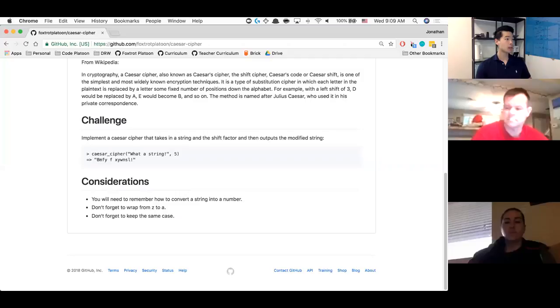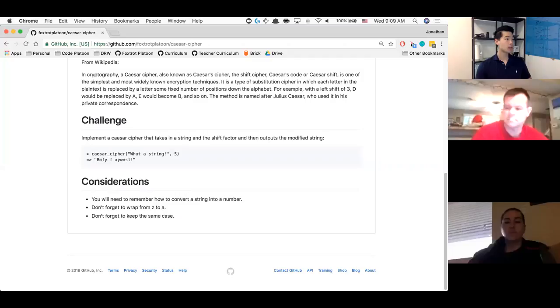So I have all of these pieces of information. Is there an algorithm that I can write using those mathematical pieces of information? Yes. What is the mathematical thing that you figured out? I took the original position and then I added the shift.